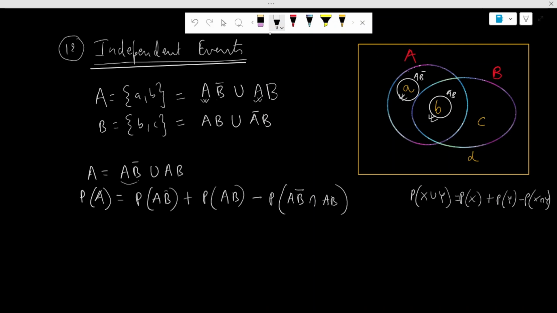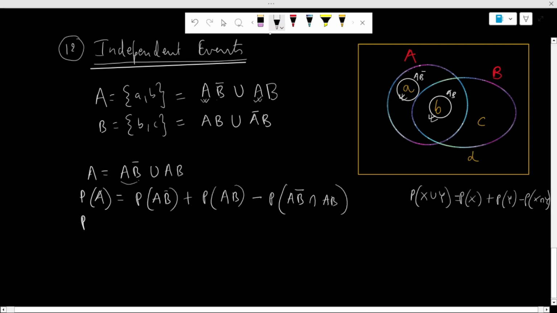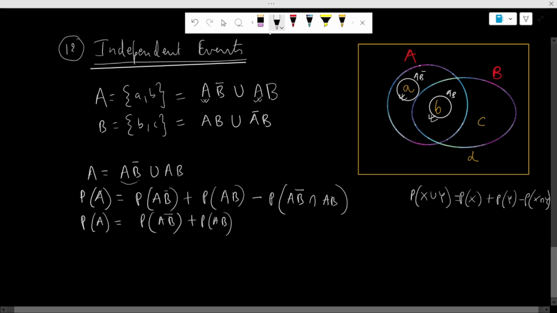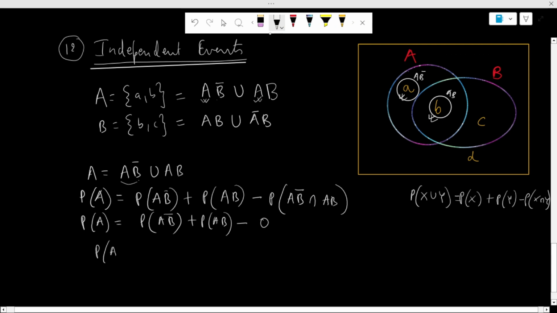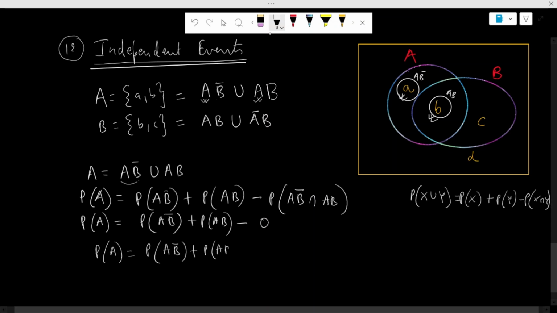That is why this part should be equal to 0. Probability of A is equal to probability of A B complement plus probability of A B, and then minus probability of A B complement and A B, so it is 0. Therefore, probability of A is equal to probability of A B complement plus probability of A B.